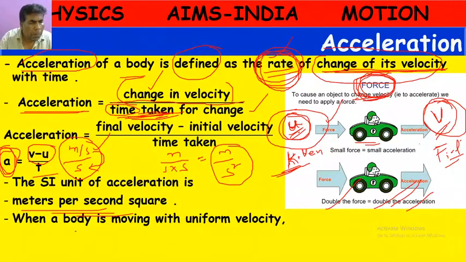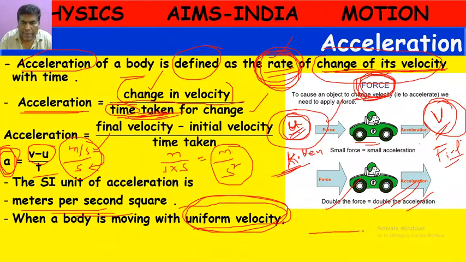So when a body is moving with uniform velocity, means on a straight road, one car is moving. In the beginning, its velocity is 50 meter per second. It is traveling with the same velocity throughout its journey, without applying any brake or any accelerator.